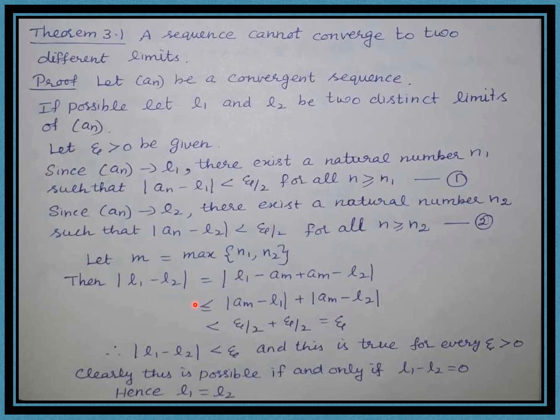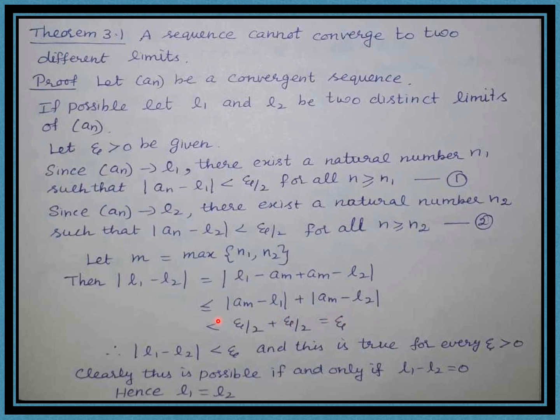For that, we add and subtract am so that it is converted into two absolute values. The absolute value of a plus b is less than or equal to absolute value of a plus absolute value of b. Therefore, this is less than or equal to absolute value of am minus L1 plus absolute value of am minus L2.